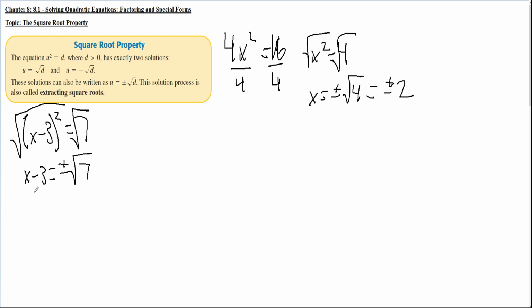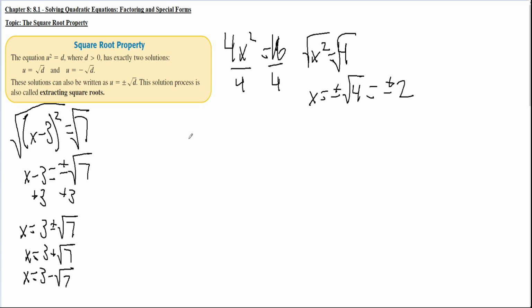And then all we have to do now is just add the 3 to both sides. And so our solution would look like x is equal to positive 3 plus or minus the square root of 7. Or if you wanted, you could write x is equal to 3 plus the square root of 7, and x is equal to 3 minus the square root of 7. Okay?